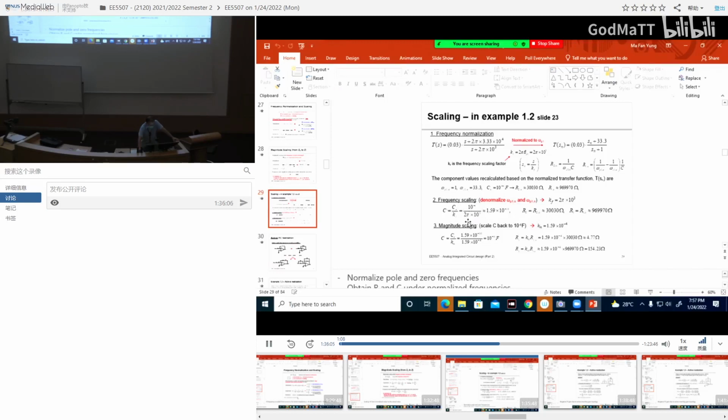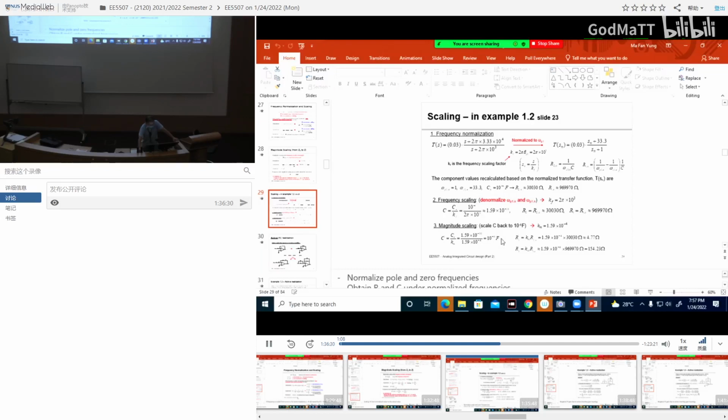It changed from the previous 1 microfarad; once you do the frequency scaling, it dropped to 0.159 nanofarad. And then we can do the magnitude scaling of C back to microfarad.